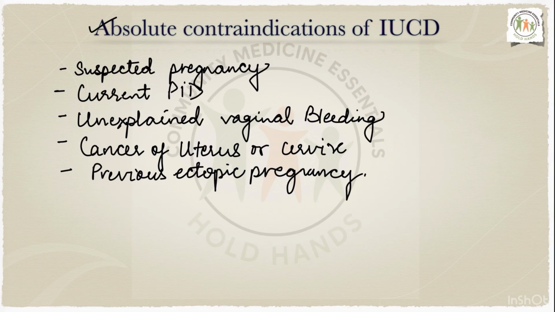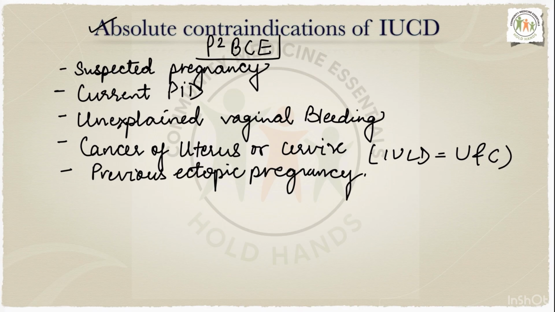In all these conditions, IUCD should be strictly avoided. To remember cancer of uterus or cervix, easy way is IUCD has U and C. In U and C, if there is cancer, no IUCD. You can remember absolute contraindications by the mnemonic P square BCE.